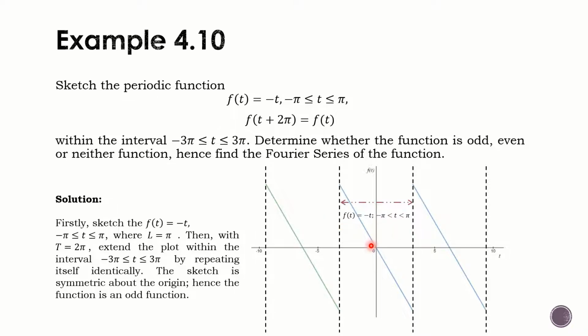We repeat this as f(t plus 2 pi), then expand it to the right and to the left by the period of 2 pi, the same identical plot as what you plotted between negative pi and pi. It is symmetric about the origin, therefore the function is an odd function.